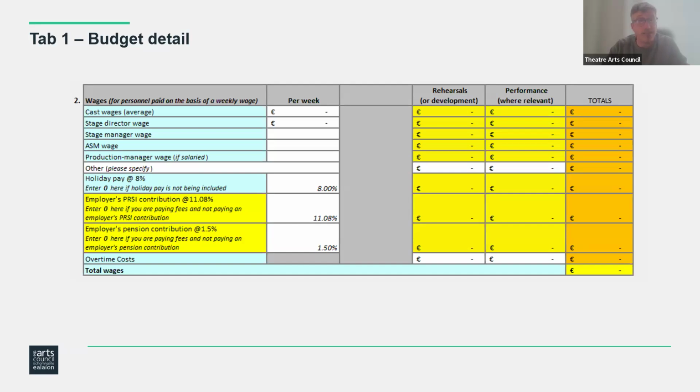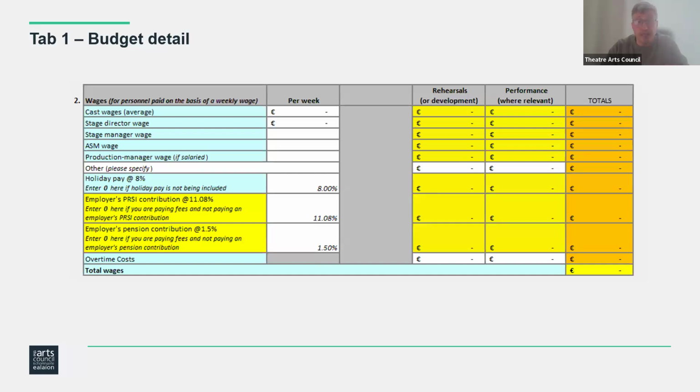So you have cast wages per week. And just note, cast wages may not be the same for everyone across your ensemble. So you'll just need to look across what's being paid for the ensemble and average the wage, and then input that into the per week cell there.